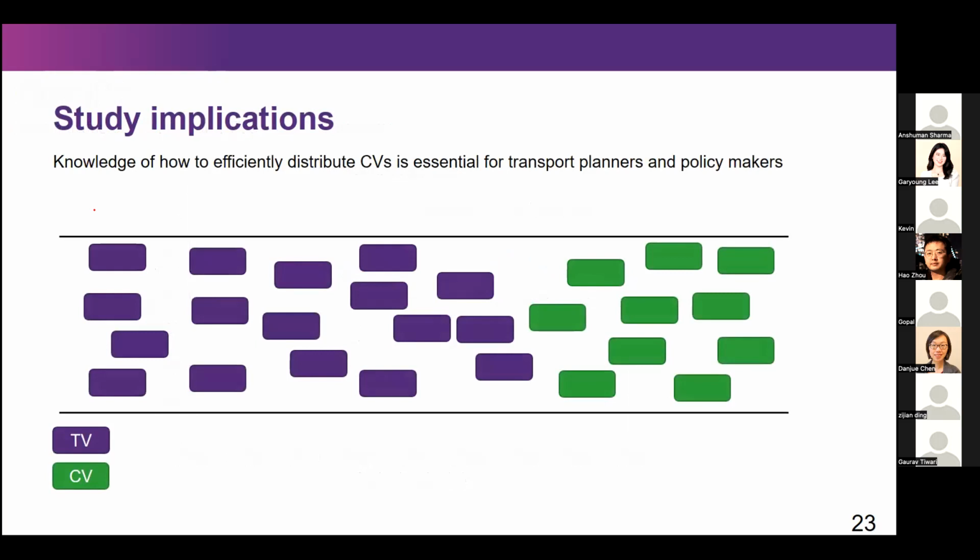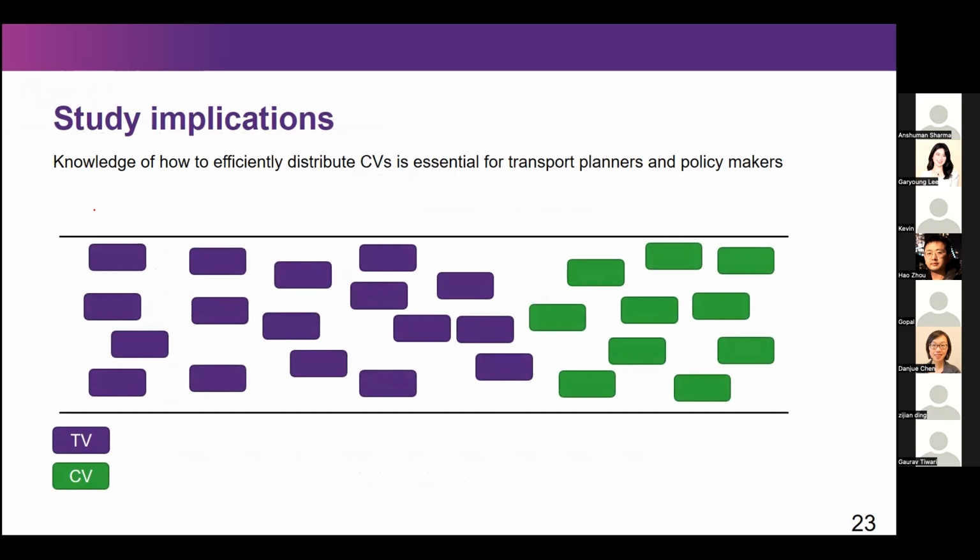Okay, what could be some study implications? Keeping in mind how I have defined my connected vehicles, and that I've done only random simulations 250 times, we can still have some understanding of how to distribute these vehicles within the stream.